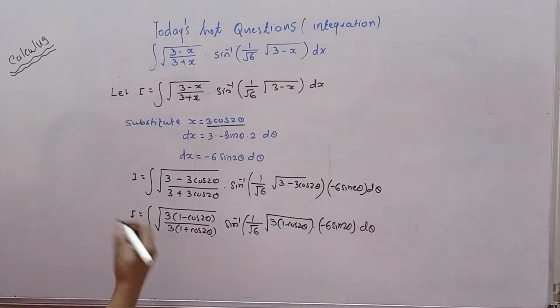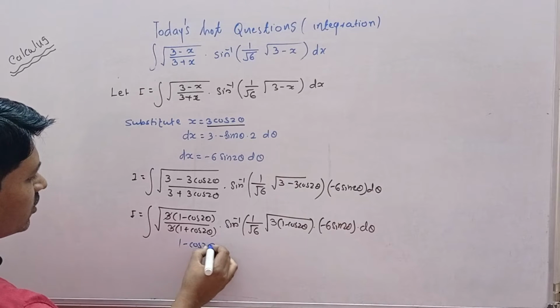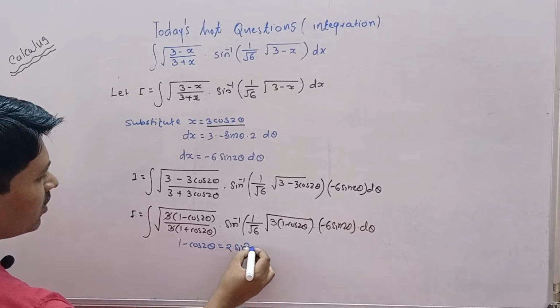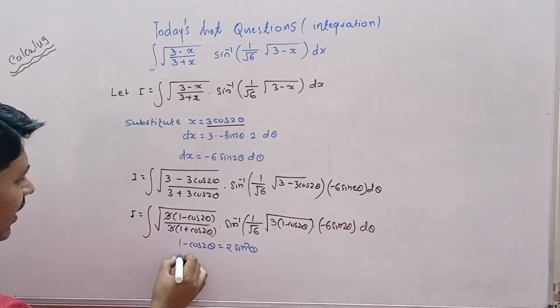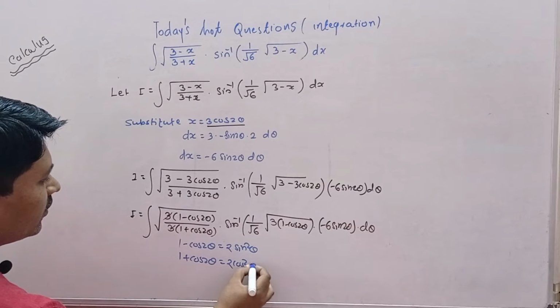Then here 3 gets cancelled, and we know that 1 minus cos 2 theta is equal to 2 sine square theta, and 1 plus cos 2 theta is equal to 2 cos square theta.